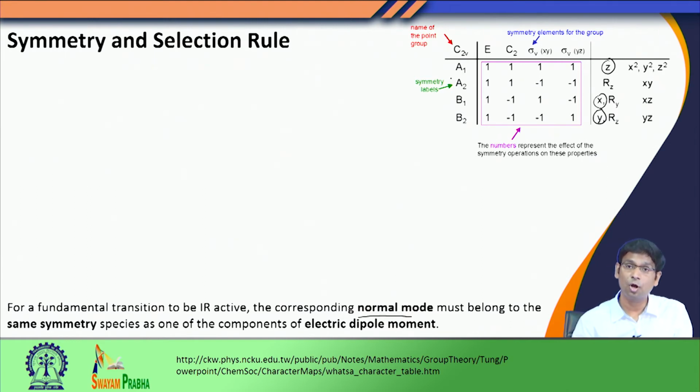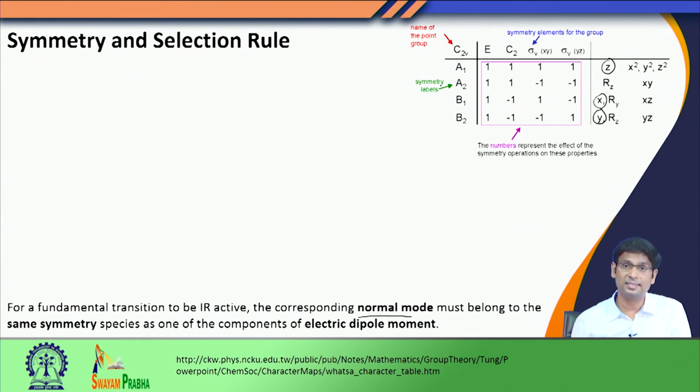So, if there is a normal mode which has B1 or B2 or A1 symmetry, then for that normal mode the fundamental transition, or 0 to 1, is allowed. Which one is missing? You can see that A2 is missing, because the electric dipole moment does not contain the A2 representation. Of course, in the water molecule we do not have a normal mode whose symmetry is A2.